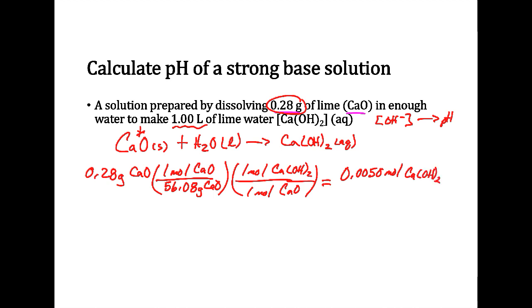So we can go from moles to molarity pretty easily here, since we have 1 liter, because recall that molarity is moles per liter, so we're just dividing by 1. Here's the tricky part, yet again: notice that there are 2 hydroxides present. So if we want to find the concentration of OH-, we'll take 2 times the concentration of the calcium hydroxide.